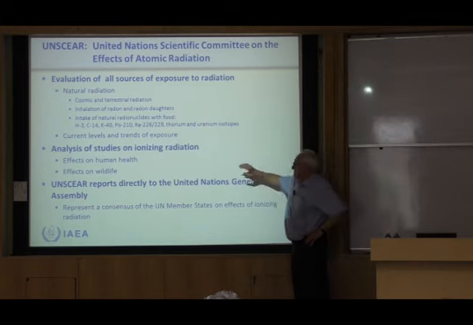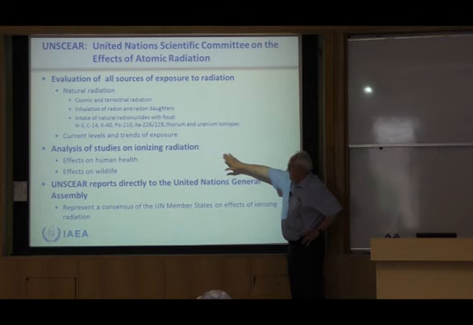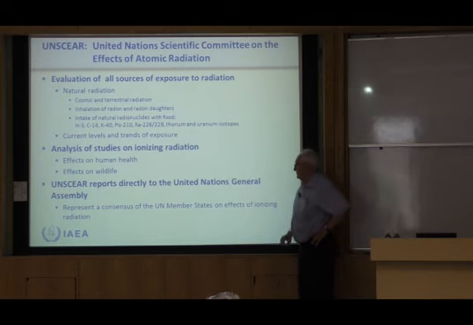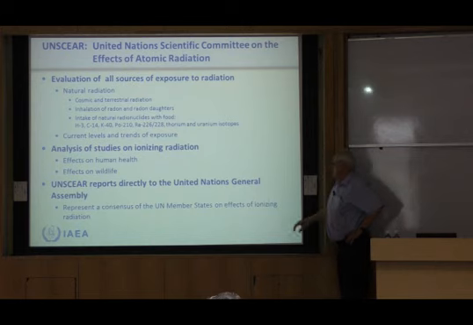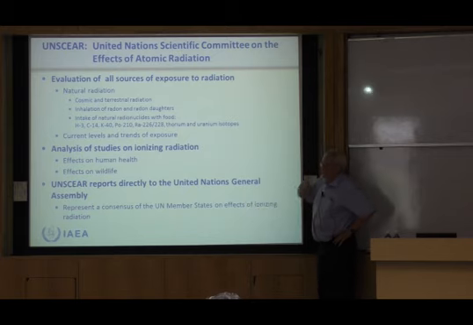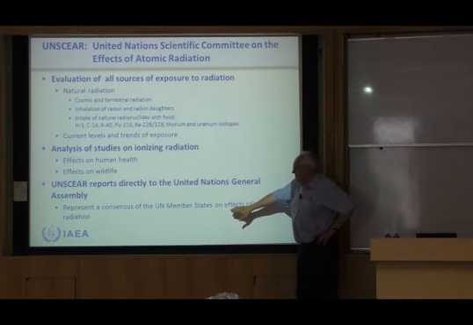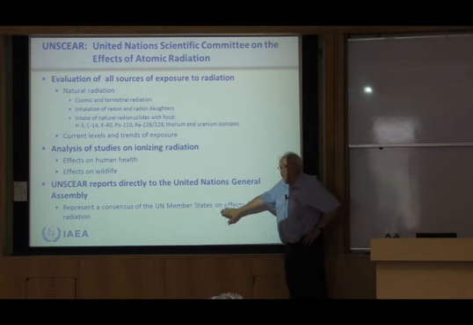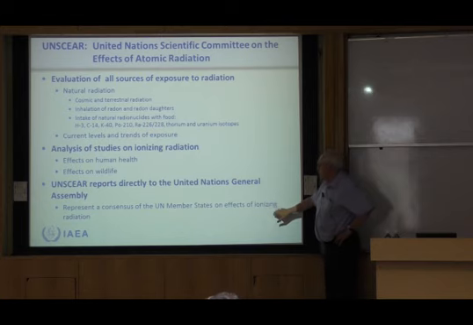In addition, they try to understand the effect of ionizing radiation both on human health and also on wildlife. And it's interesting to see, IAEA, that the work of UNSCEAR represents a kind of consensus of the UN member states on the effects of ionizing radiation.